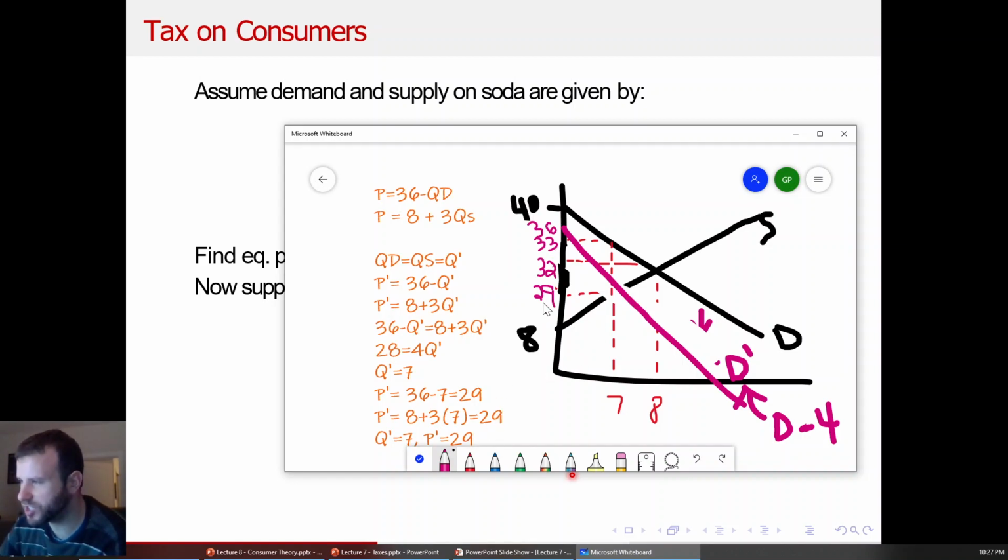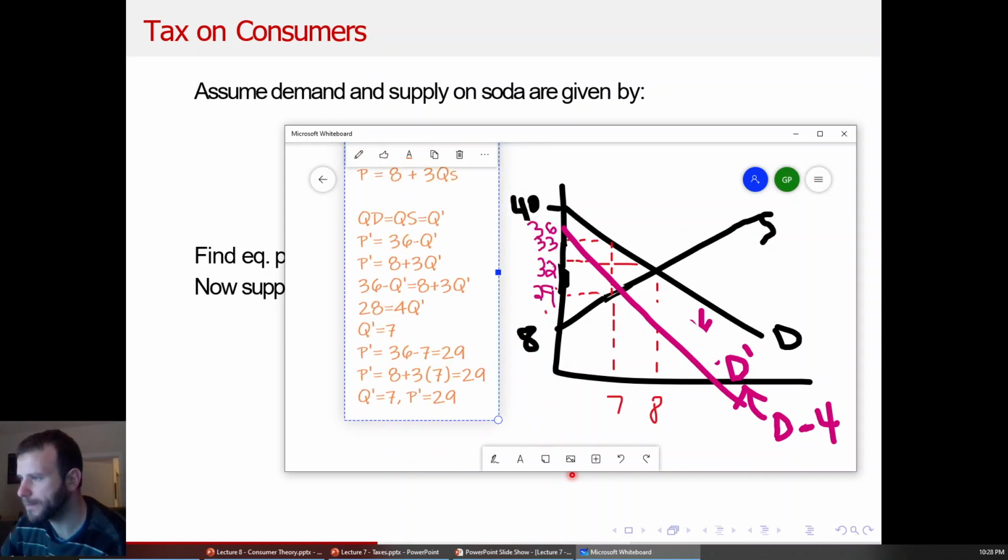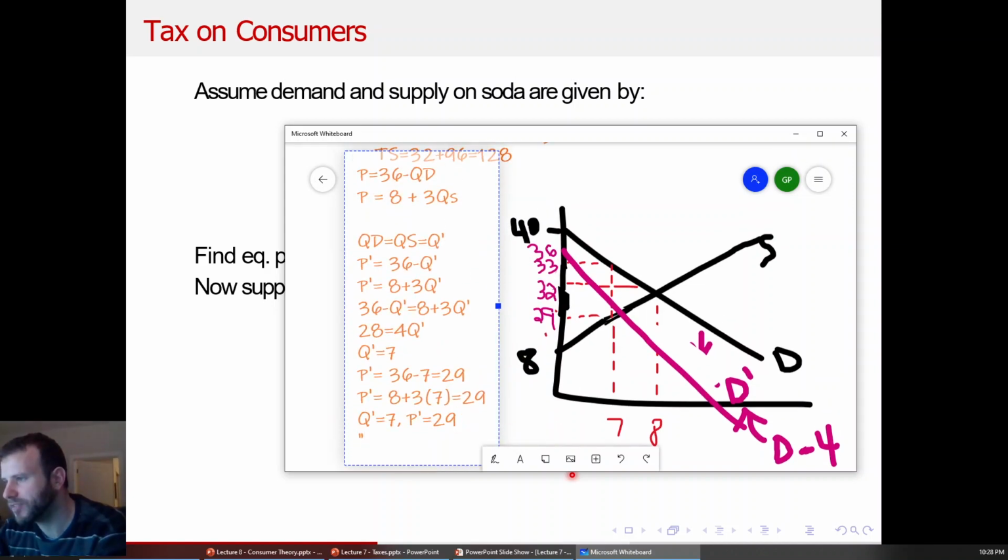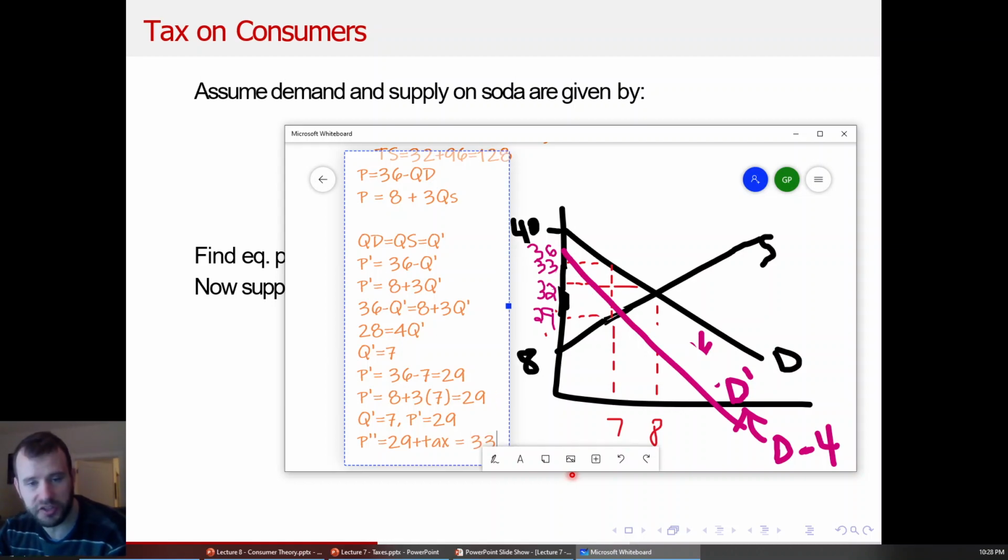So 29 is what we solved for. That is the actual intersection between the demand curve and the supply curve. Okay. 7 is the equilibrium quantity. 8 was the old equilibrium quantity. 32 is the old equilibrium price that we saw from the last one. 33 is just going to be, let's call it P double prime, equals 29 plus tax equals 33, because the tax was equal to 4.